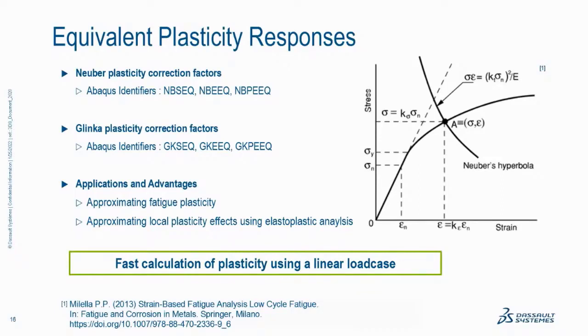And it makes the calculation of plasticity really fast. So we have these 6 factors, the Neuber factors and the Glinka factors here. They are really useful when approximating either local plasticity effects or in microplasticity situations or for fatigue plasticity.